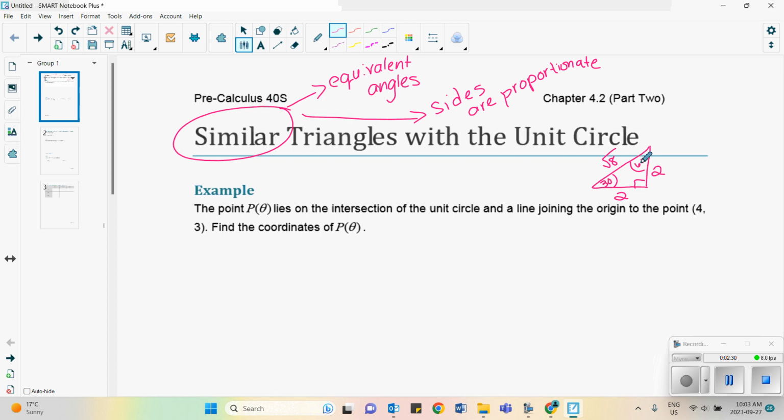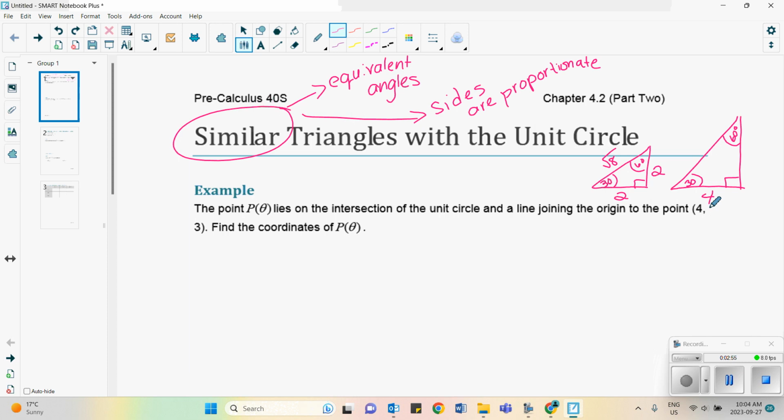Right? So if that's my original triangle, and I say you have a similar triangle, and it's bigger, these angles are all the exact same. As soon as you see these angles being the exact same, it becomes a similar triangle. If I say this one's 4, what do we times 2 by to get it to 4? 2.